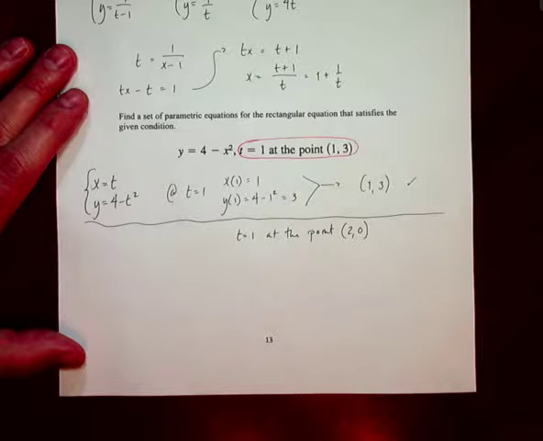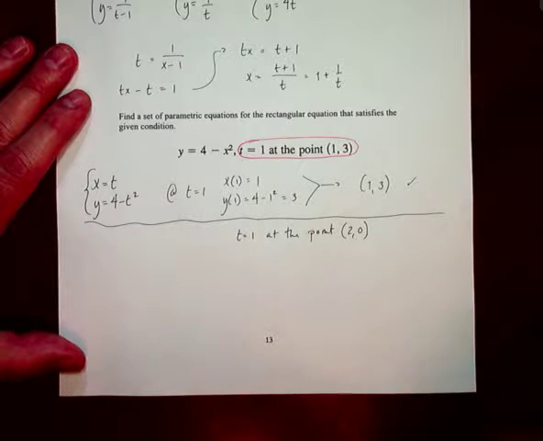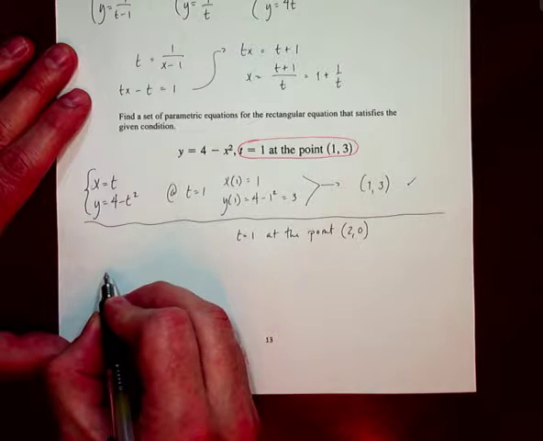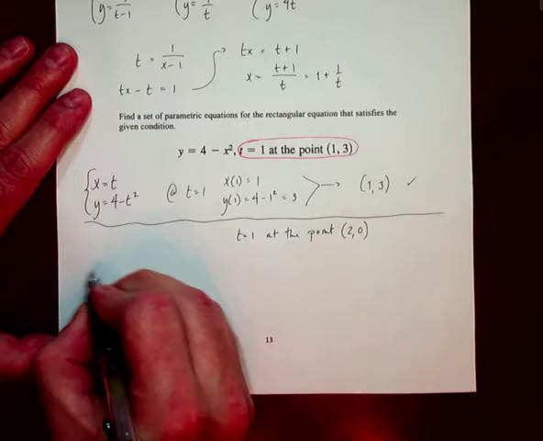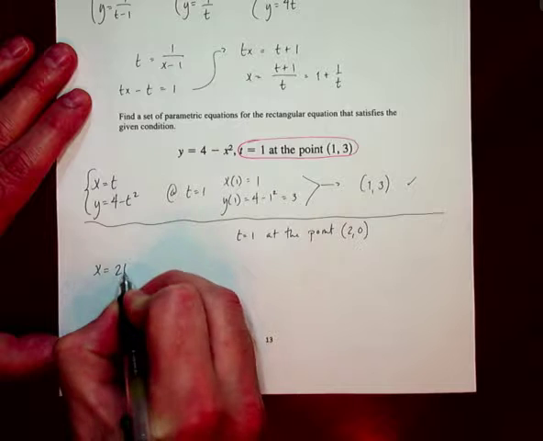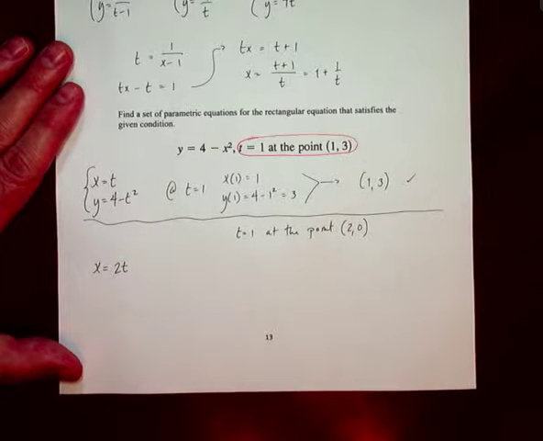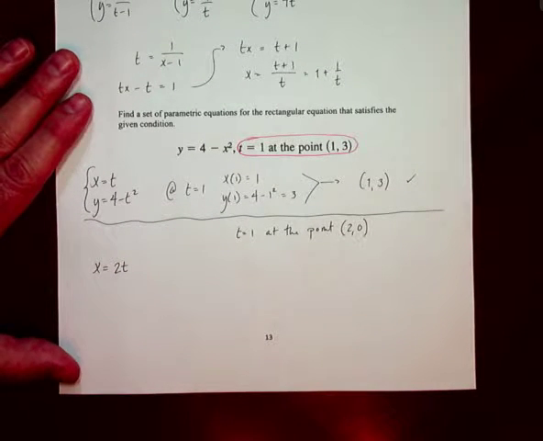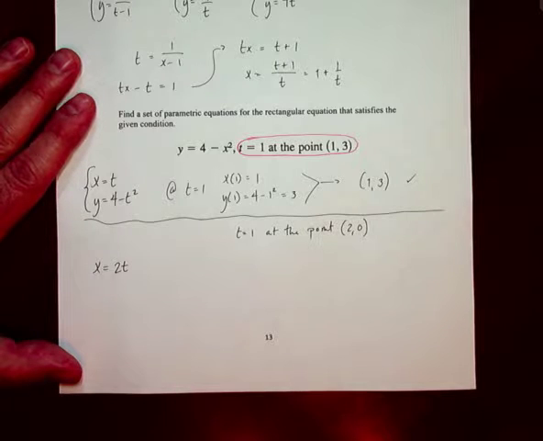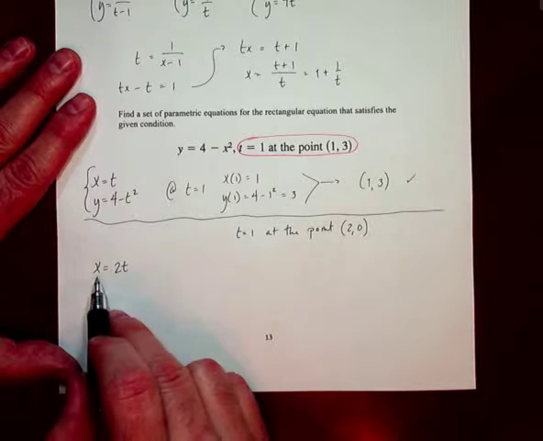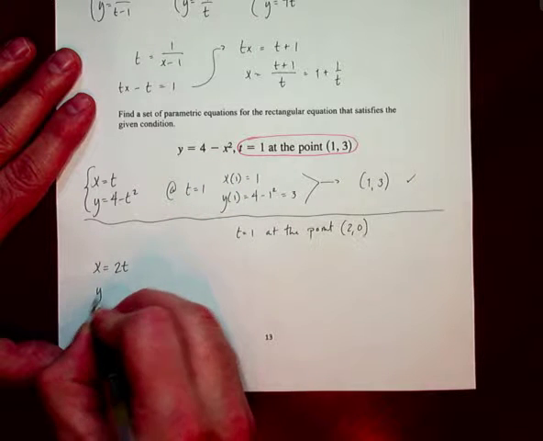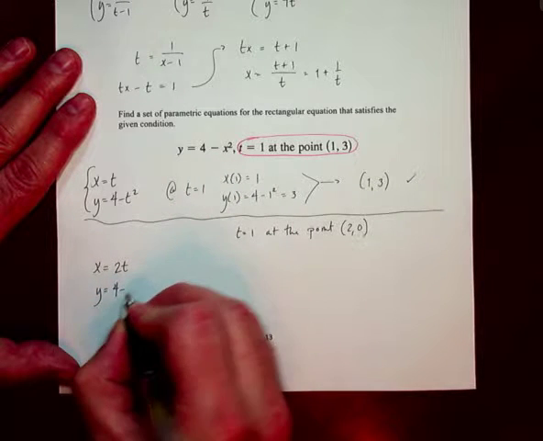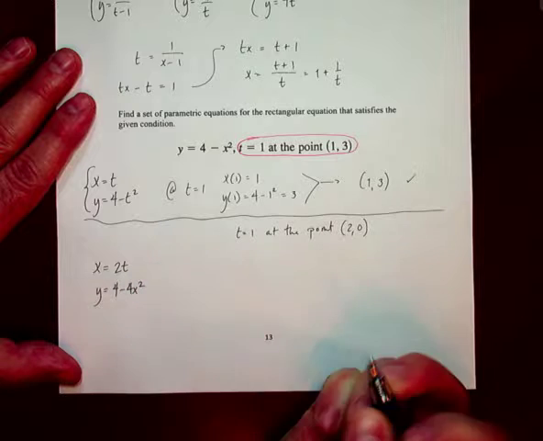Okay, well, let's take a look. Let's say that if t is equal to 1, I need an output for x of 2. Can I just say 2t? Sure, I can do that. If x is equal to 2t, then you can plug 2t in for x right here, and y becomes 4 minus 4t squared.